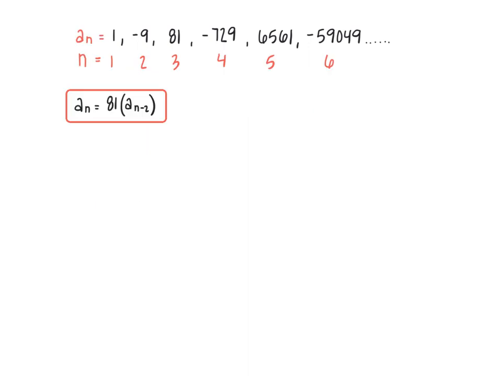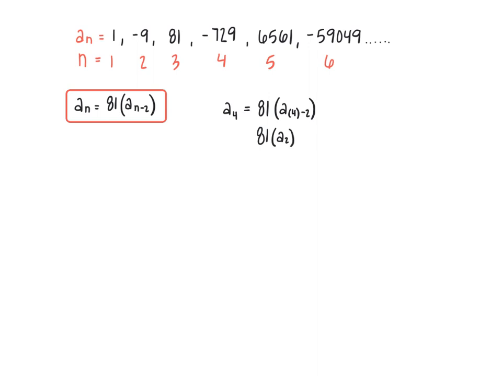So let's go ahead and test out our formula to make sure it works. So if I were looking for, let's say, the fourth term, so a sub 4, then we would write our formula as 81 times a sub 4 minus 2. And we know a sub 4 minus 2 becomes a sub 2.